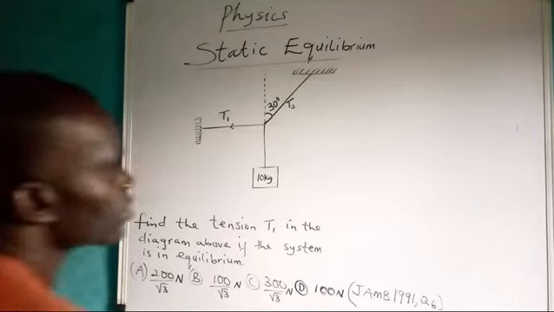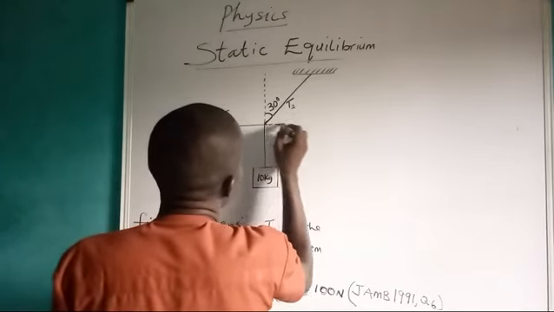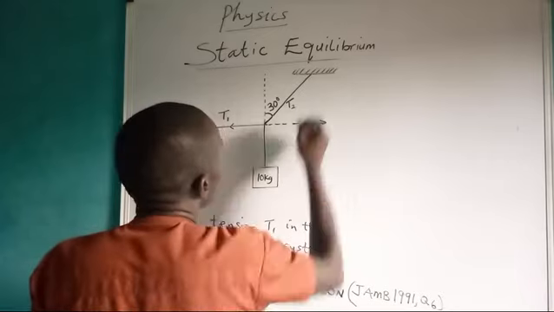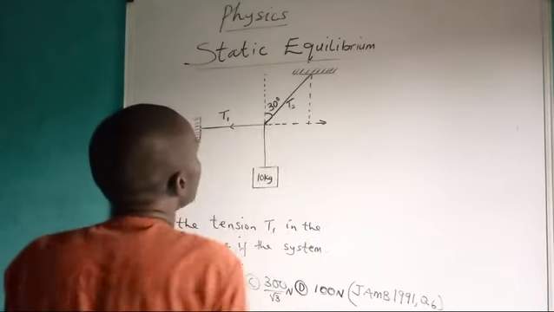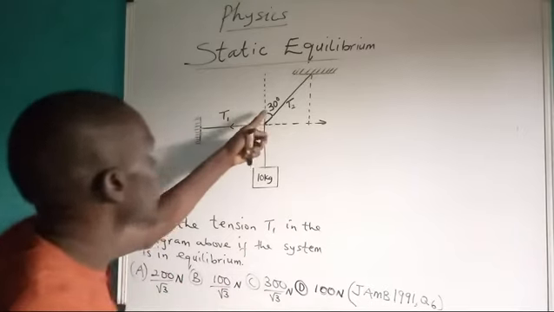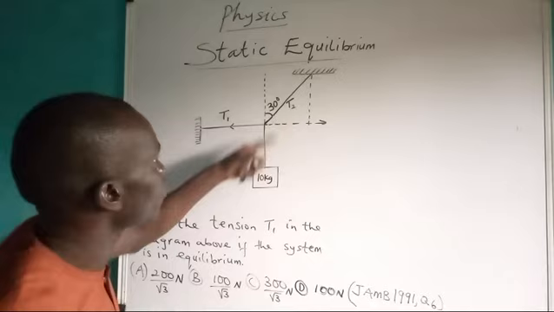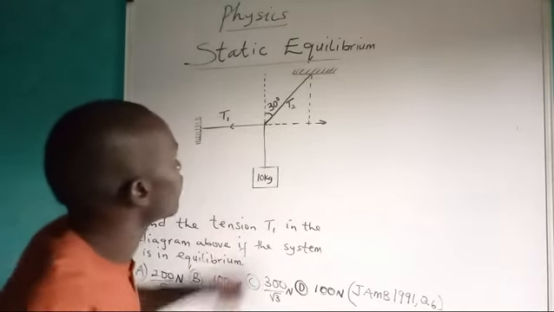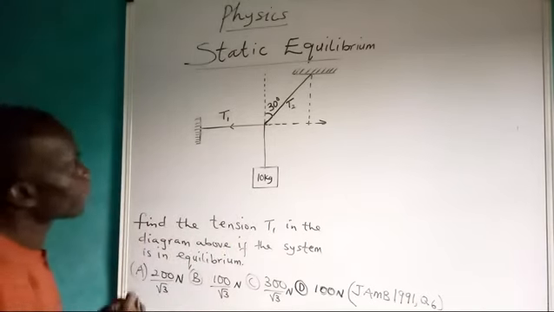We are going to resolve the system into components, looking at this T2 in this direction. You can see that T2 has an angle of 30 degrees at the vertical. It means I'm not supposed to have this angle at this position, but for the question, this is where they place the angle.